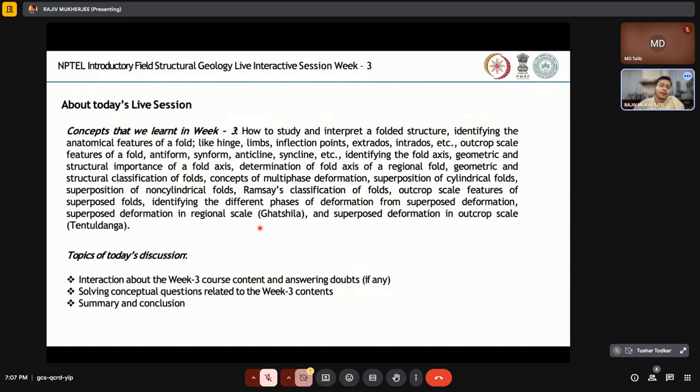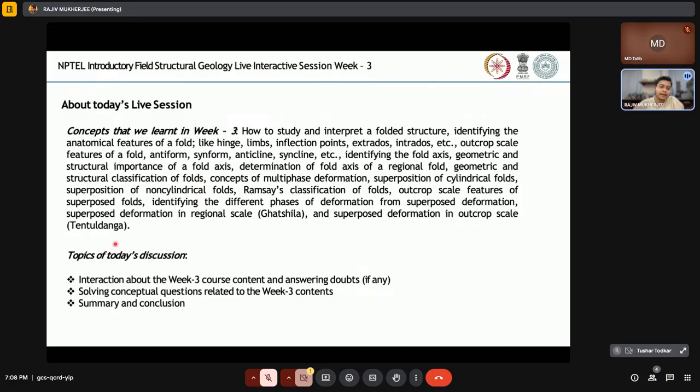That is what we generally carry out in regional scale. And then of course superposed deformation in outcrop scale, and actually how these features look like in a very high competency contrast rock that is exposed in Tetuldanga, a very special outcrop which has been displayed in detail in the week 3 lecture videos.